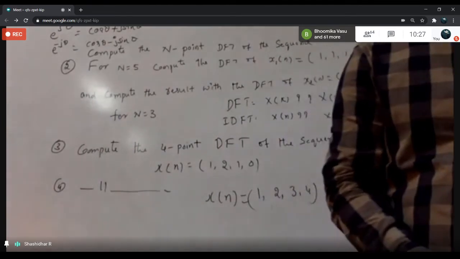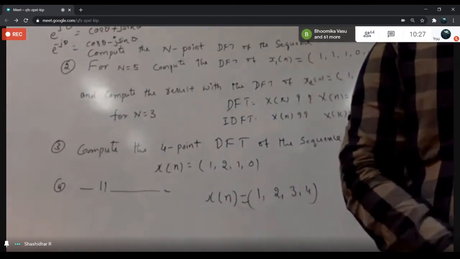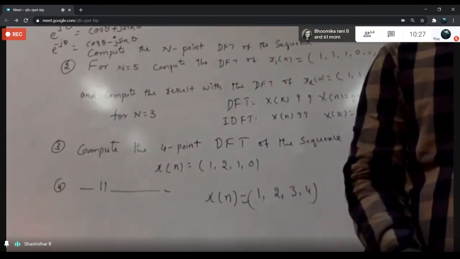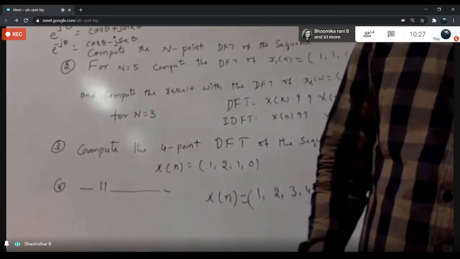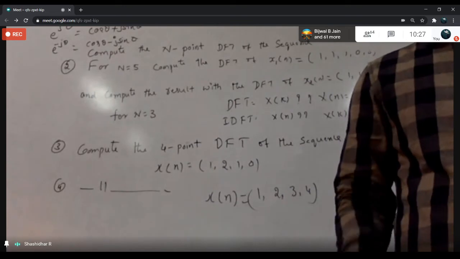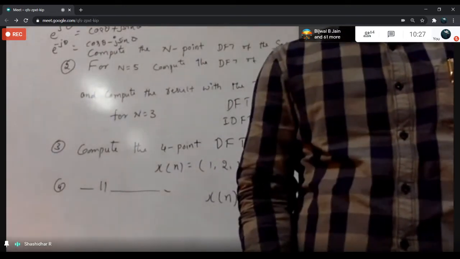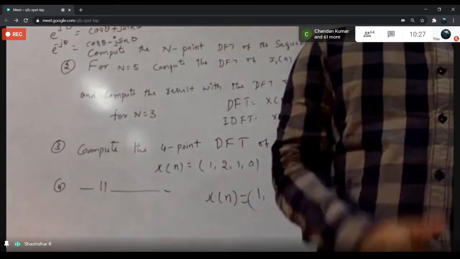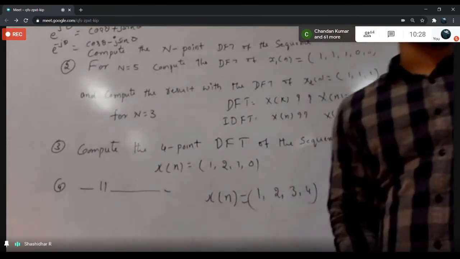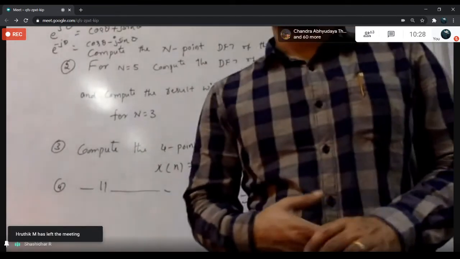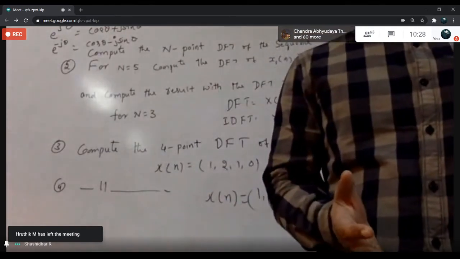Then frequency analysis for continuous time and discrete time, frequency domain analysis of LTI systems, and sampling and reconstruction of signals. After that, it starts with the discrete Fourier transform, from chapter 7. So what about chapters 0 to 6?